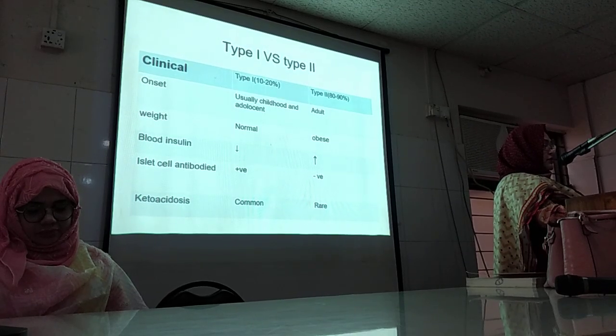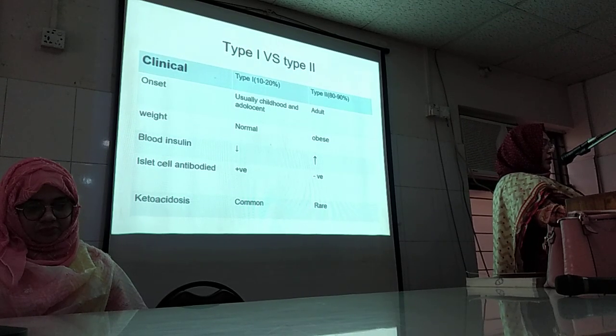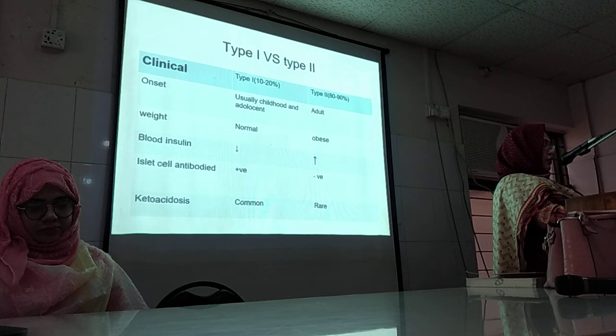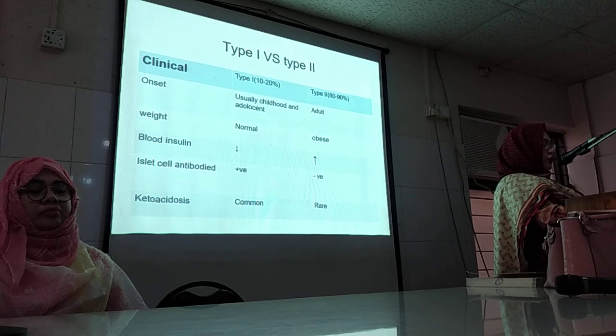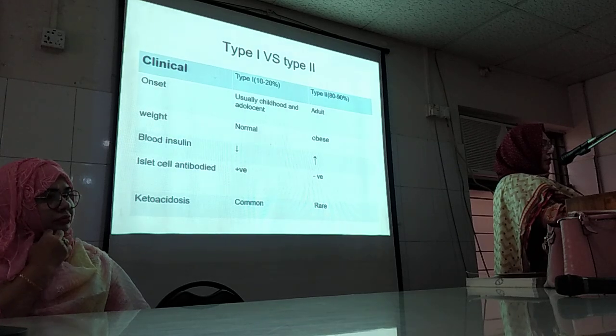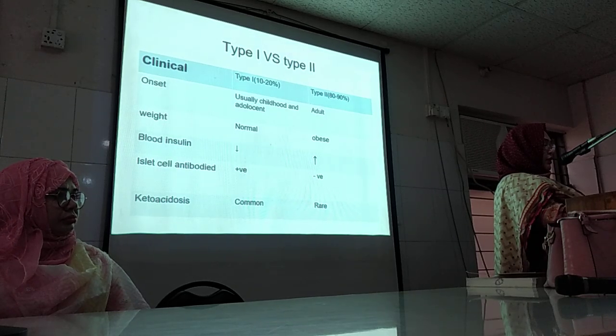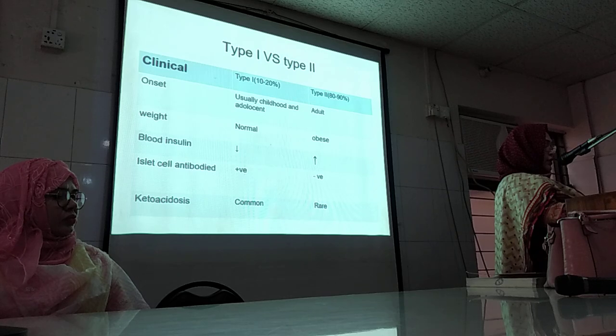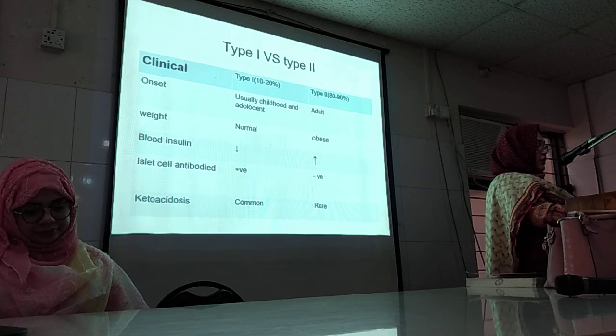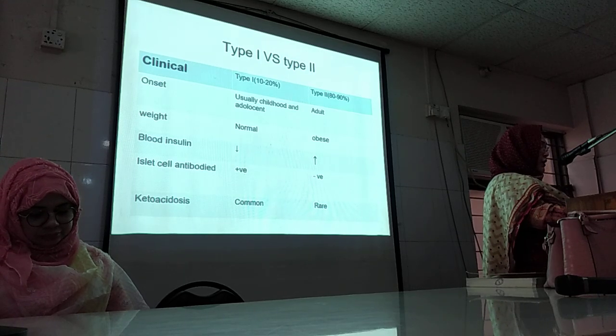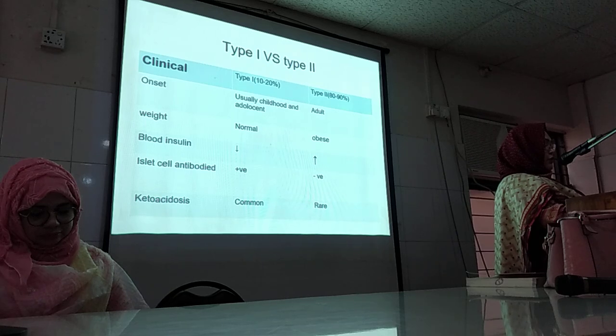Type 1 versus type 2 difference. Clinical onset: type 1 usually childhood and adolescent, type 2 adult. Weight: type 1 normal, type 2 obese. Insulin: type 1 decreased, type 2 increased. Islet cell antibodies positive in type 1, negative in type 2.